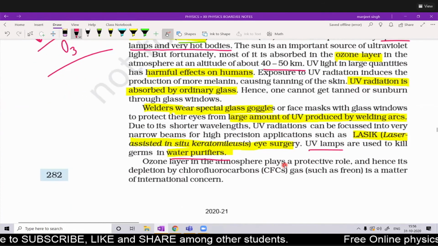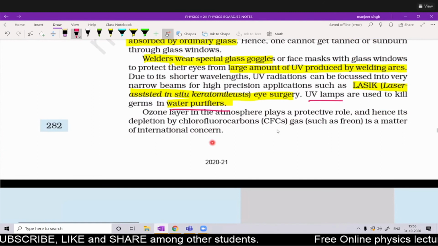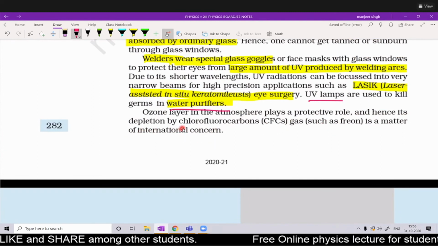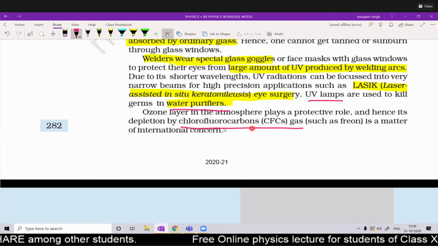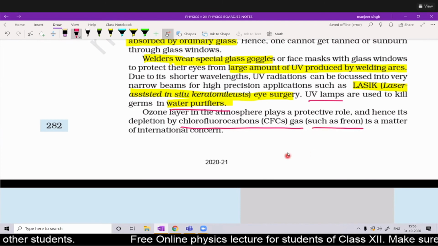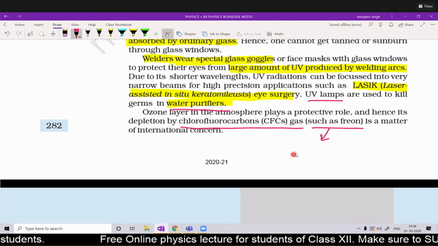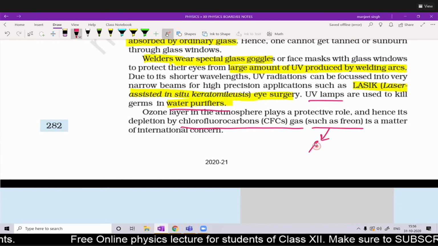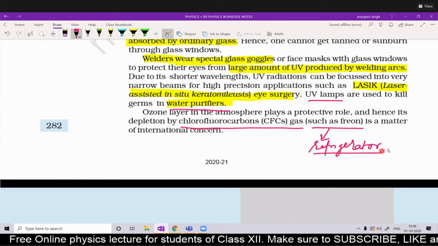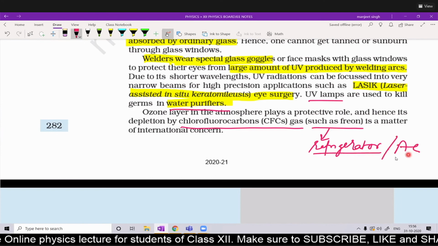Now, the ozone layer in the atmosphere plays a very protective role, and therefore depletion of this layer by CFCs is a concern. CFC is chlorofluorocarbons, such as freon gas. This freon gas is emitted by the refrigerator or AC we are using.